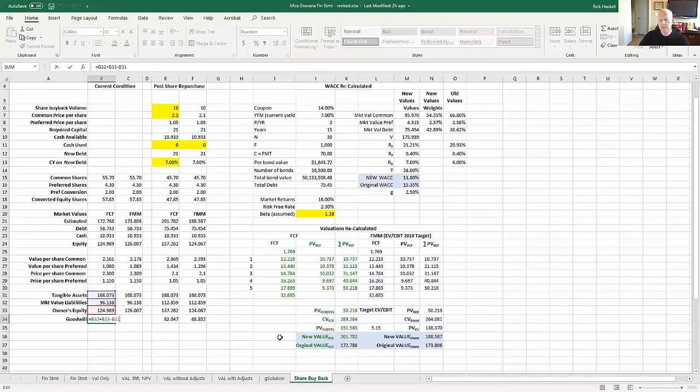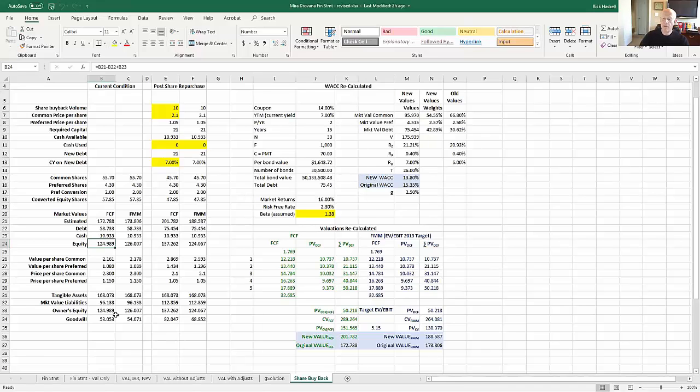But we need to be specific here and reference how we got the owner's equity. Owner's equity and the equity that we calculated for the common and preferred combined is the same number. So if I take the outstanding value of all of my common shares and the outstanding value of all of my preferred shares, and combine them, that number should also be the market value of owner's equity.